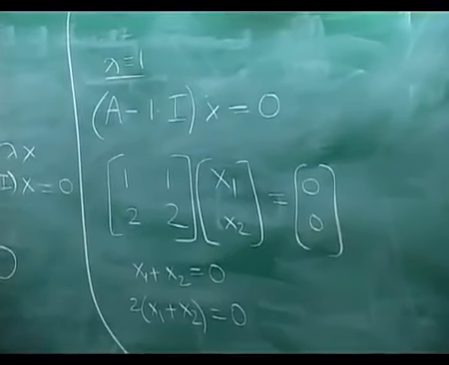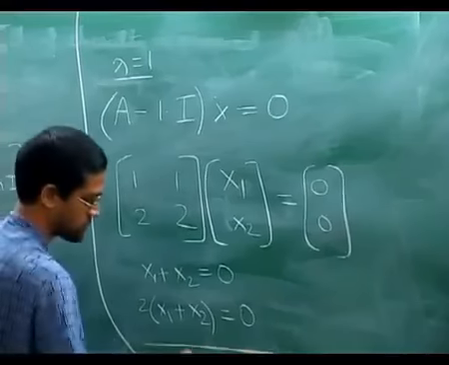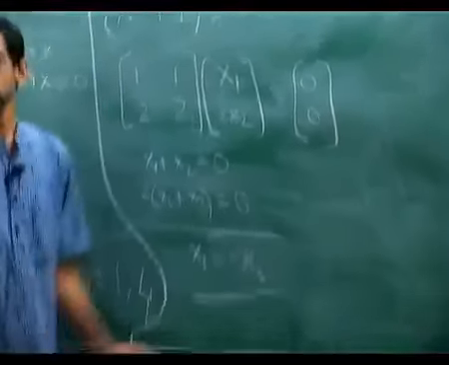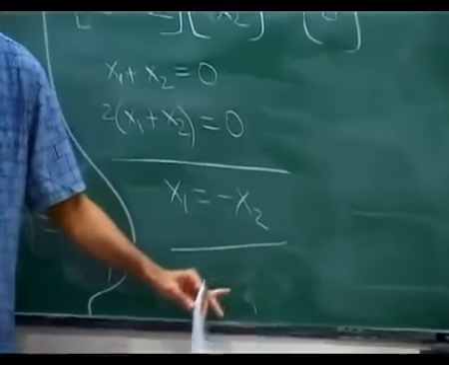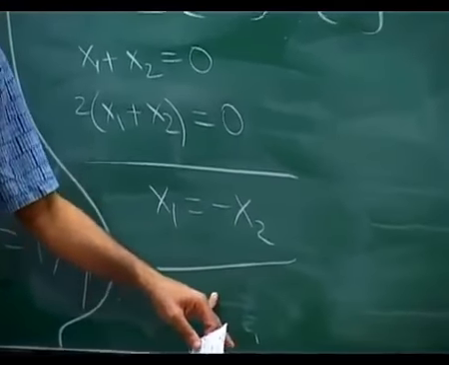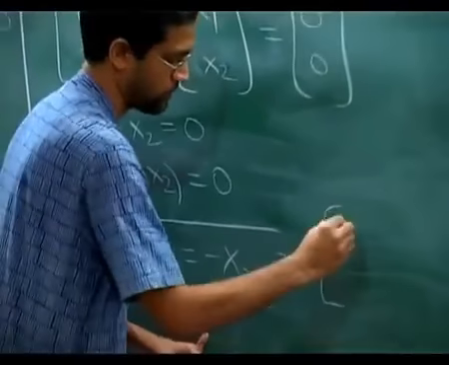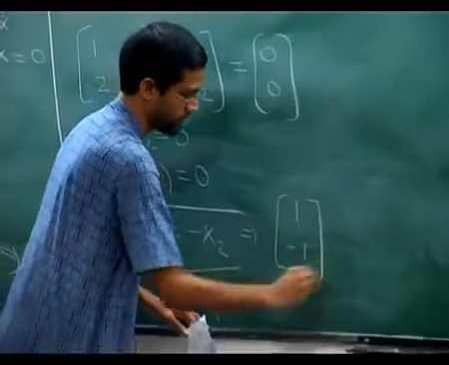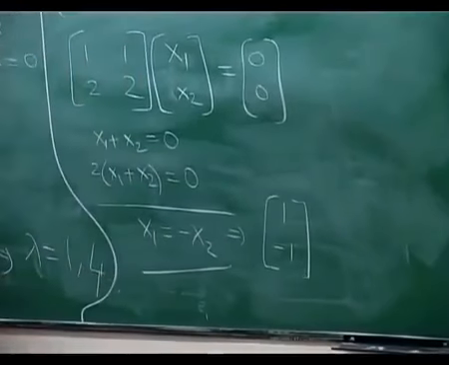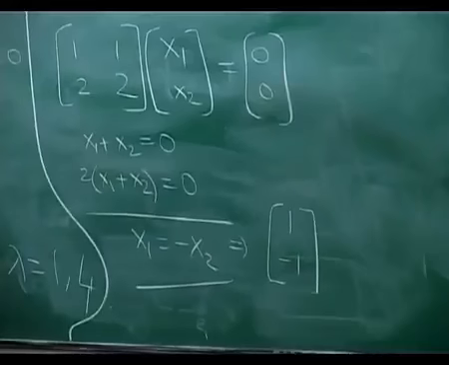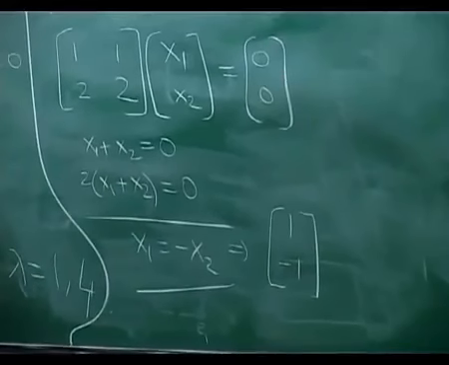You may have fewer than n conditions. So therefore x1 is minus x2. Right? So there are several solutions, so we can pick any one. For example, here we can take x1 is 1, and we get 1 comma minus 1. So that is the eigenvector corresponding to this eigenvalue. Right? Now let's do the same thing for 4.